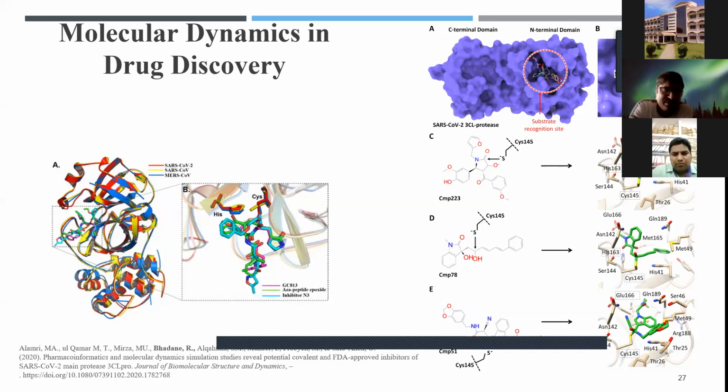The next phase was to prepare the model for MD simulation. When you want to prepare the model, you need to prepare the system. The system is prepared first by assigning the force field.